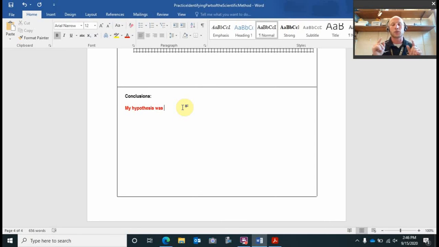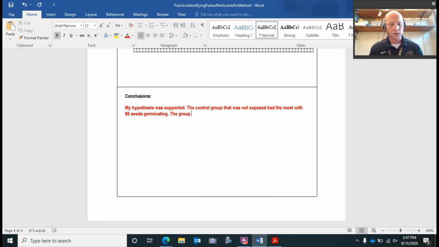And so I need to prove that proof here, and I need to talk about it. So my hypothesis was supported. The control group that was not exposed had the most with 88 seeds germinating. But then that was our control, right?